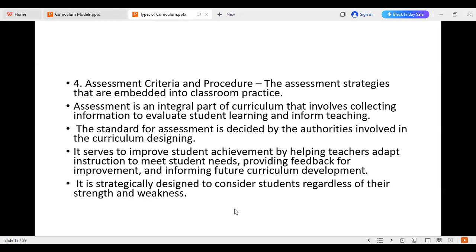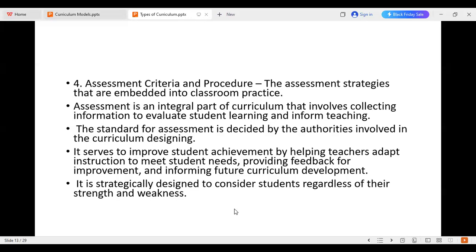That's why Kerr also wanted to introduce continuous assessment. They say assessment is a part of the teaching learning process. We can have it at the beginning, in the middle, or at the end. Not like the traditional curriculum designers, who put assessment and evaluation at the end.